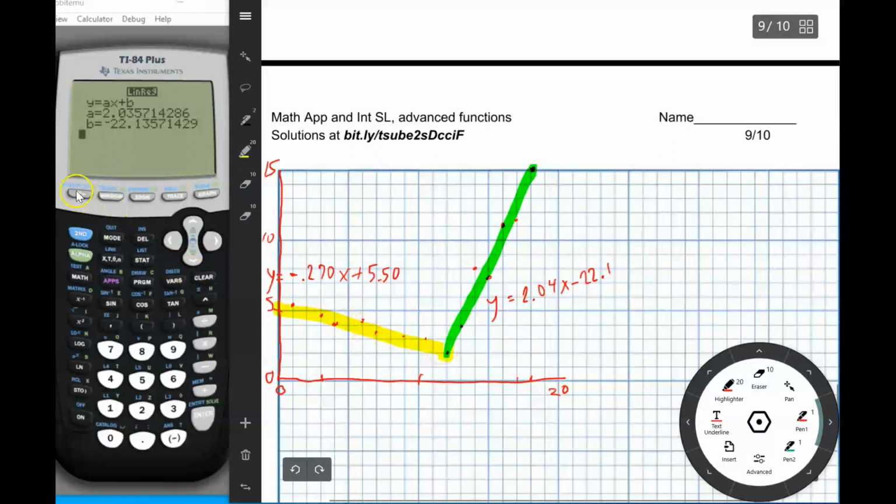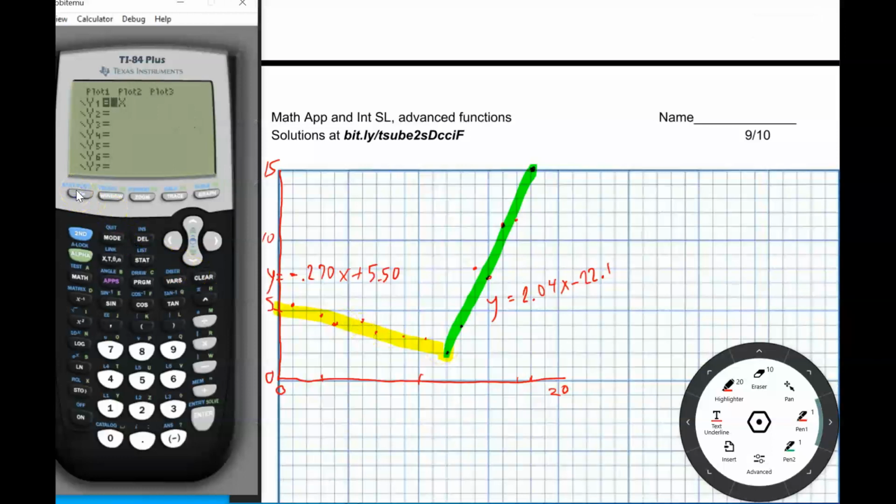Okay, so the way I can see where they intersect is I can put each of these equations in the calculator in the y screen. 2.70x plus 5.5 is the yellow data, and the green data is 2.04x minus 22.1.